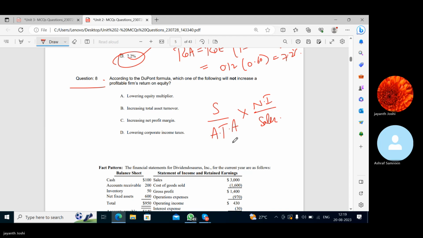So this is return on assets, which is nothing but asset turnover ratio into net profit margin. But they are asking return on equity.